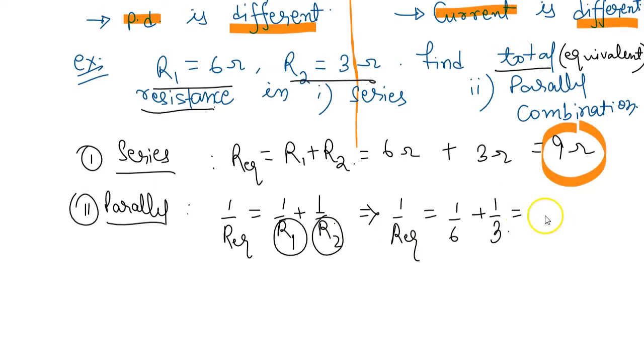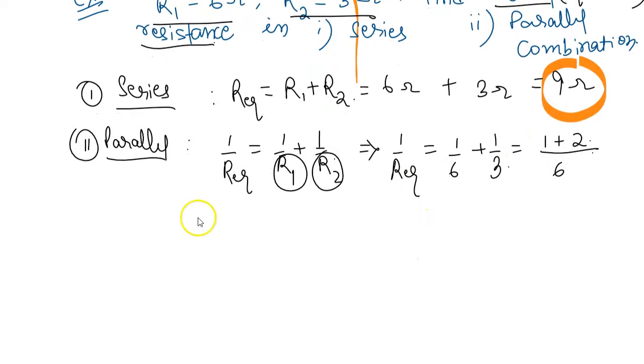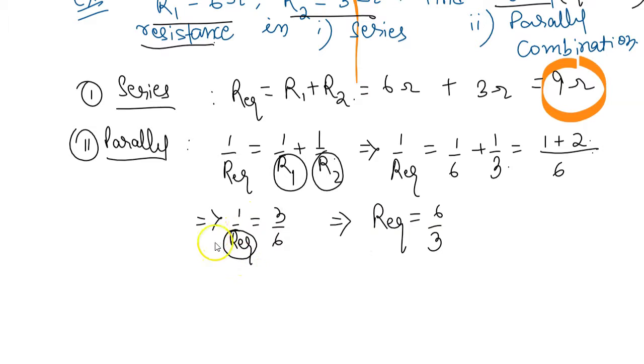So if we simplify, it will become 6 here, 1 plus 2. So from here, we get 1 by R equivalent is 3 by 6, and that implies R equivalent is 6 by 3, right? We needed equivalent resistance, not 1 by R equivalent. So that will be 2 ohm, and this is the answer.